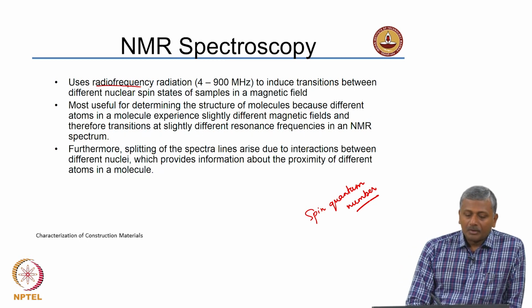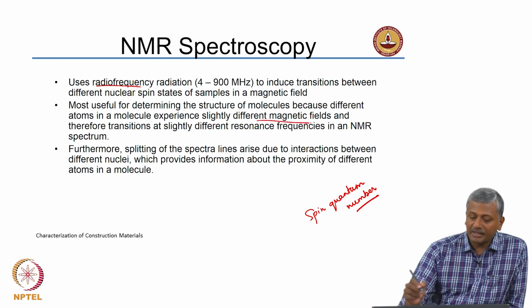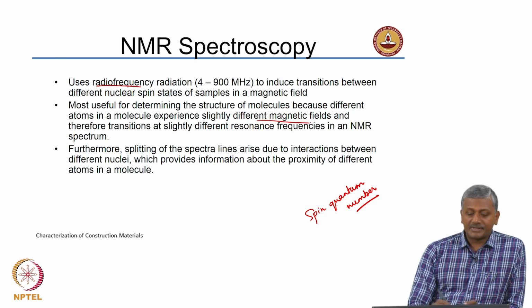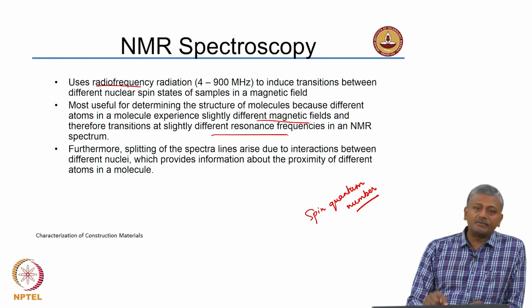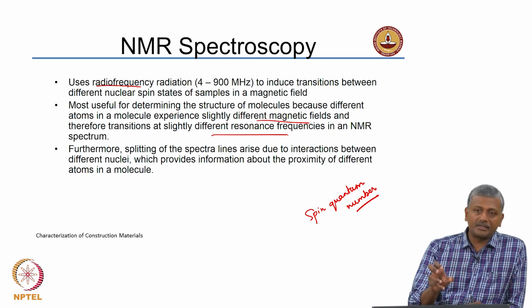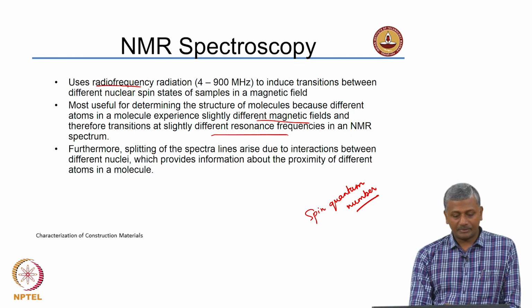So, this is most useful for determining the structure of molecules because different atoms in a molecule experience slightly different magnetic fields, and therefore show transitions at different resonance frequencies in a nuclear magnetic resonance spectrum. If you are able to isolate the frequencies at which the absorption takes place, you can then characterize the type of element that you have in your sample.